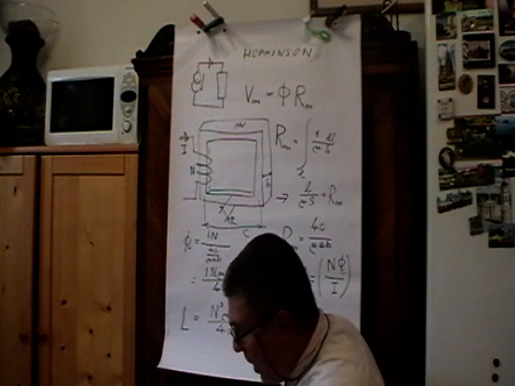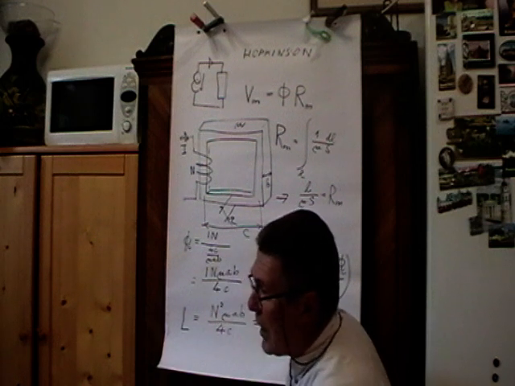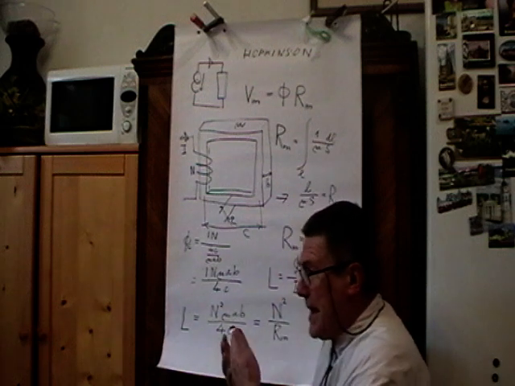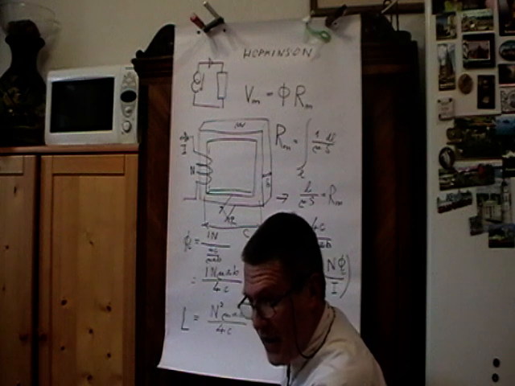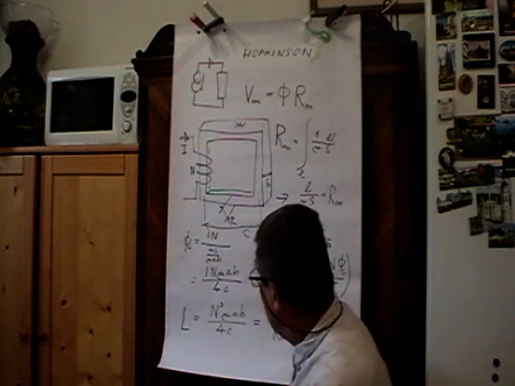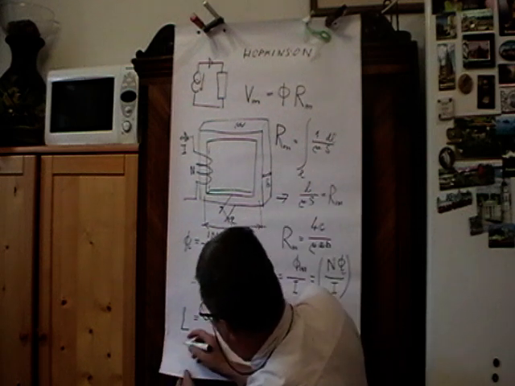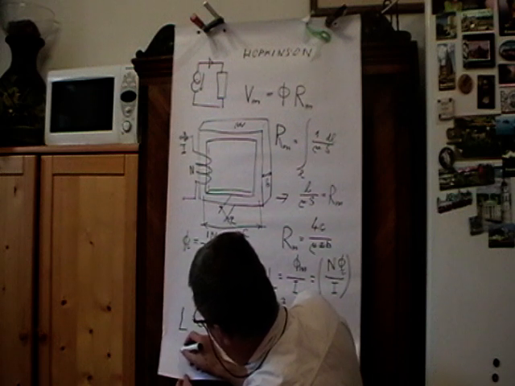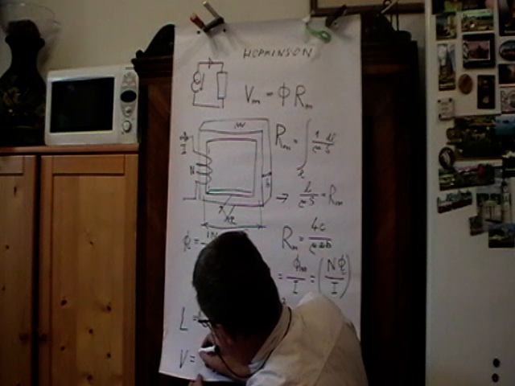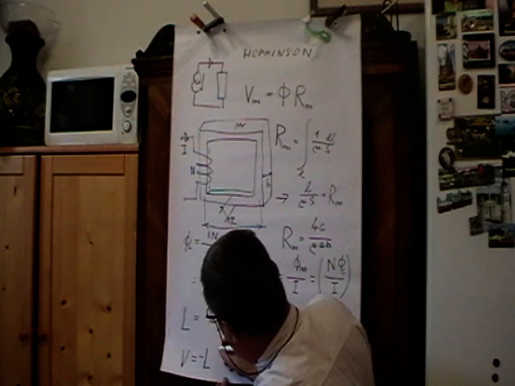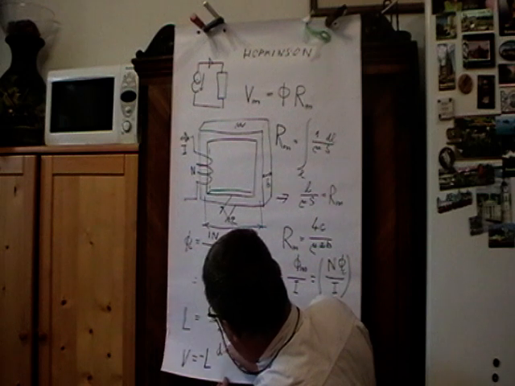Thank you. We can also talk of that from the standpoint of the dynamic definition of an inductor. We remember we have the voltage, which is minus inductance di over dt.